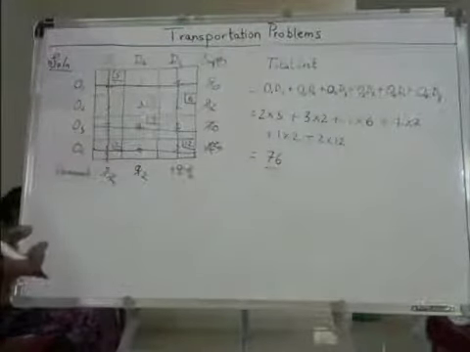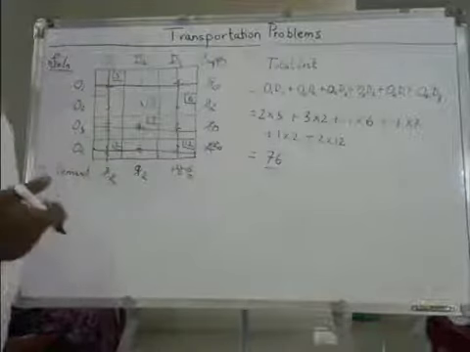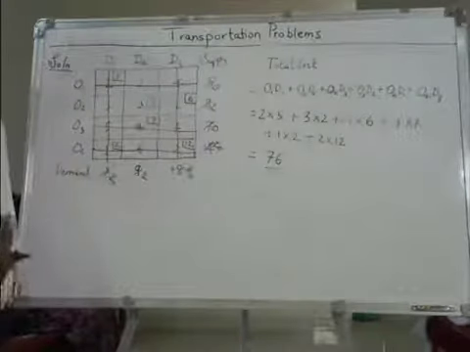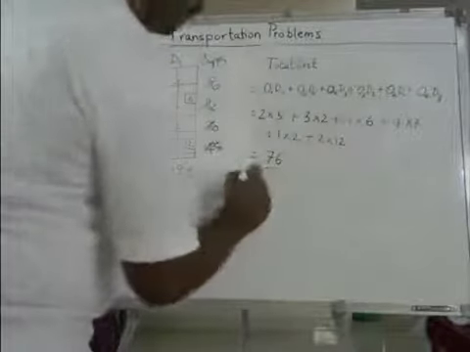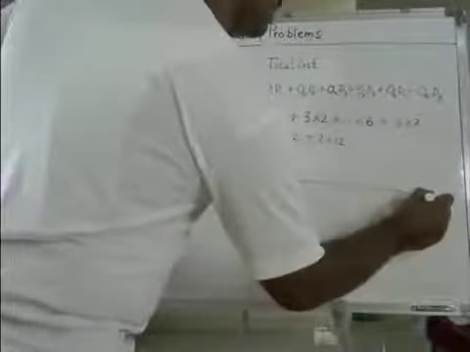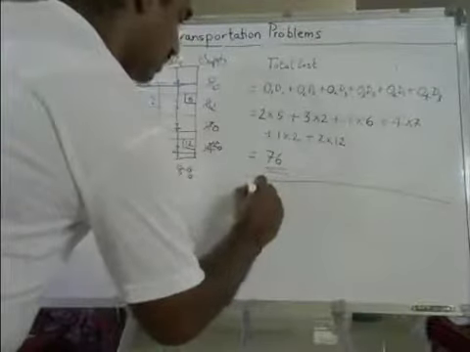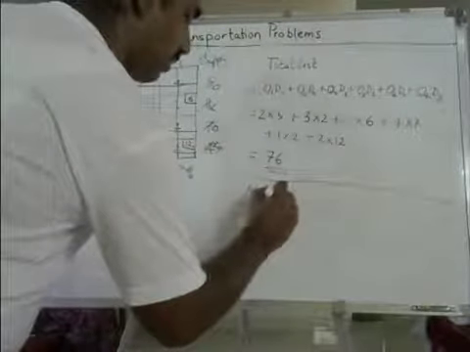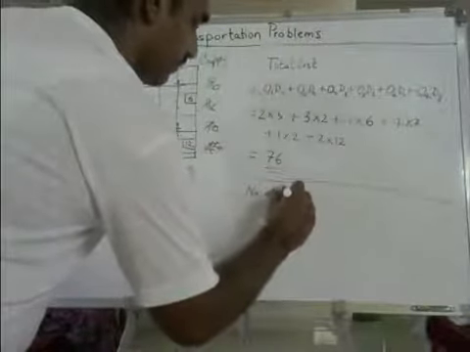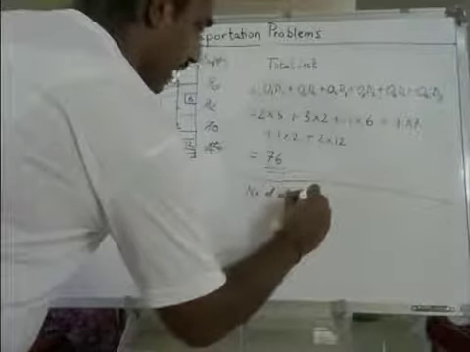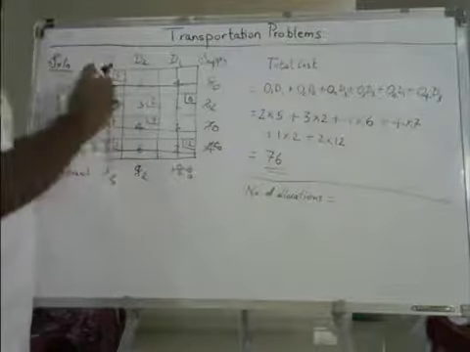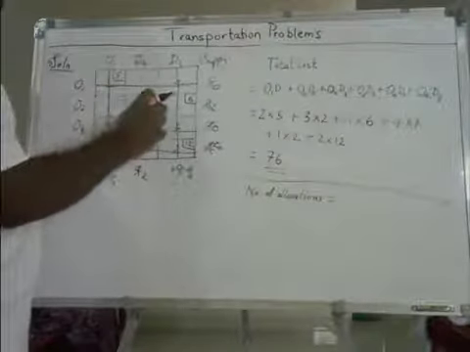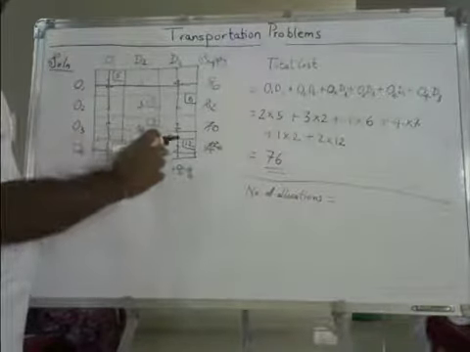this solution is a basic feasible solution or a degenerate solution. So how to find out that? We need to check the number of allocations. So I will put a line here. How many number of allocations we have? 1, 2, 3, 4, 5 and 6.